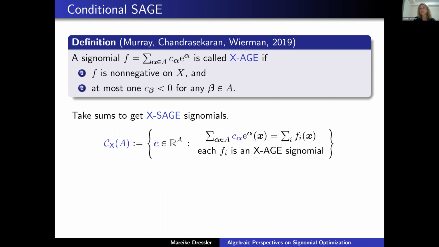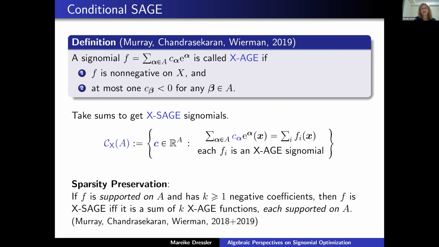And there is one important feature which distinguishes it from, for instance, sums of squares in the polynomial case, right? For Sage, we have a certain kind of sparsity preservation.